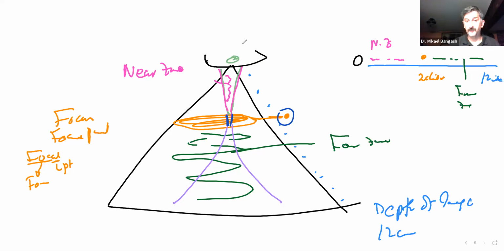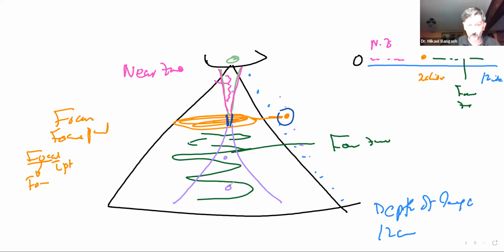So we as sonographers will be able to adjust our focal point and say, I want you to focus here at this depth. If you want to, you can even focus at this depth, or at this depth here.